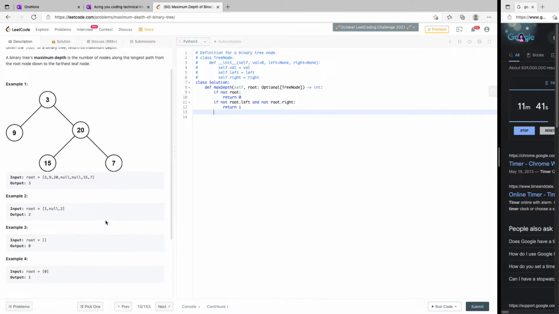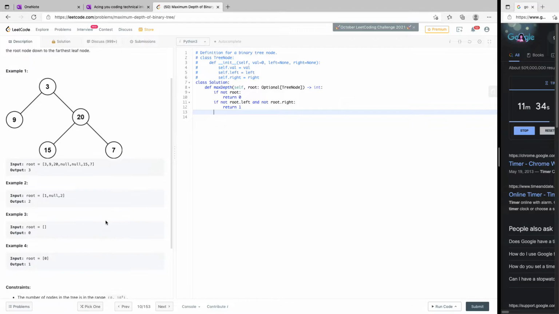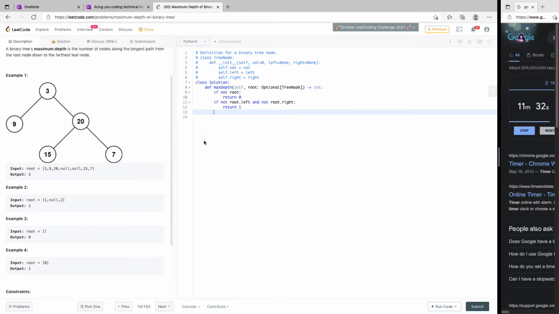Now at this stage, we know that either we have left, or we have right, or we have both. Then what we need to do is recursion. So let's say we have only the left tree.